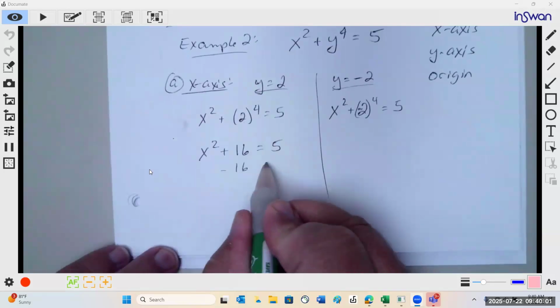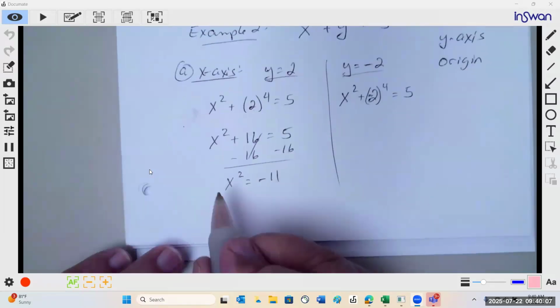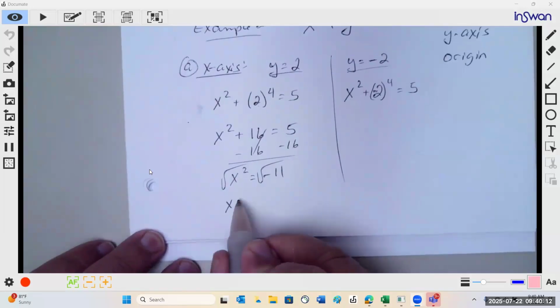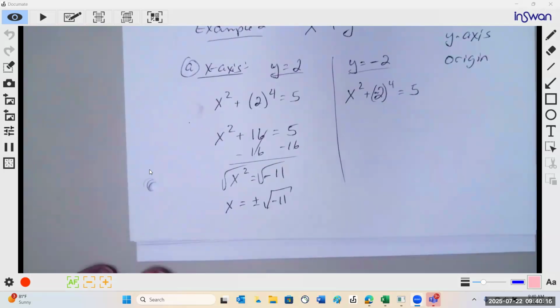Subtract 16. So x squared equals negative 11. Square root both sides. So x equals plus or minus the square root of negative 11.